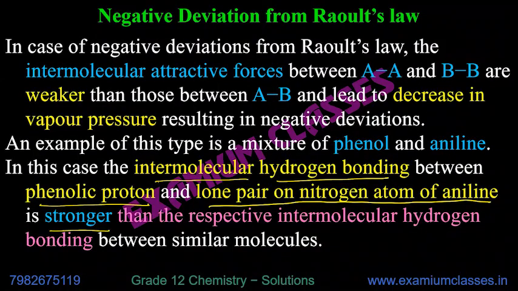Because some extent of hydrogen bonding is there between nitrogen and hydrogen. In phenol, we have oxygen and hydrogen. So oxygen of one phenol molecule has hydrogen bonding with hydrogen of other molecules. In aniline also some hydrogen bonding is there, because nitrogen of one and hydrogen of the other have some hydrogen bonding.